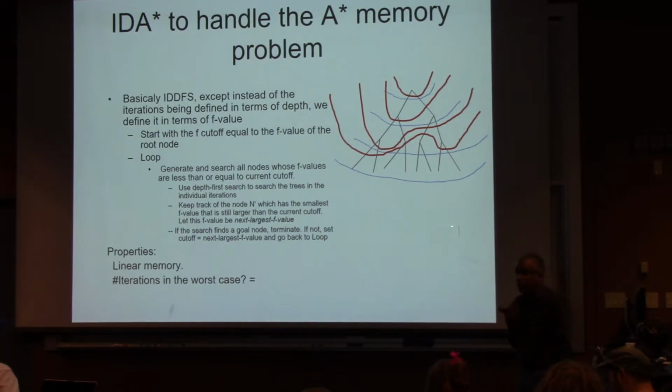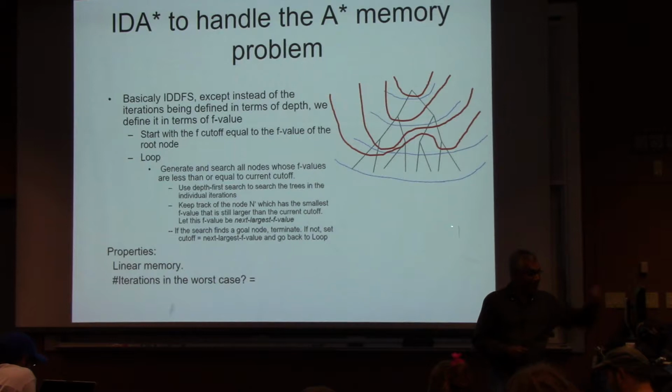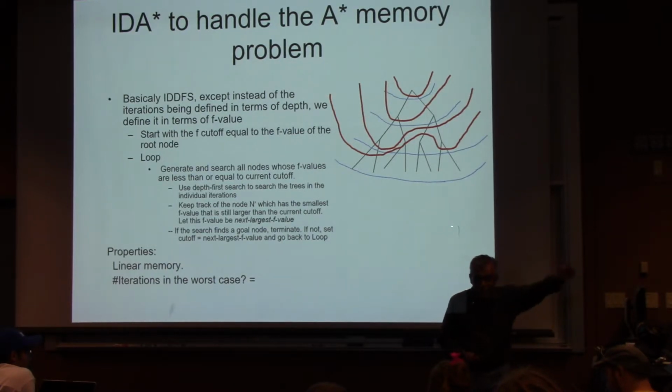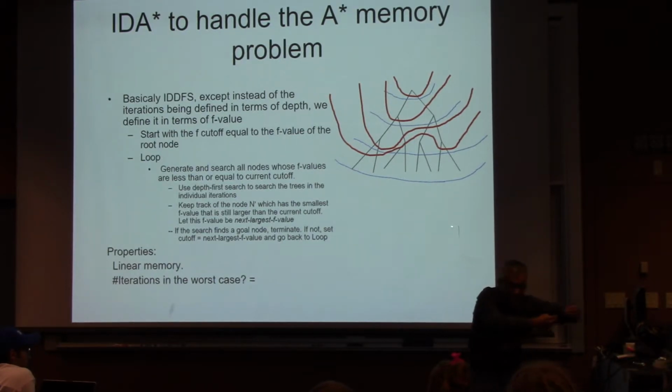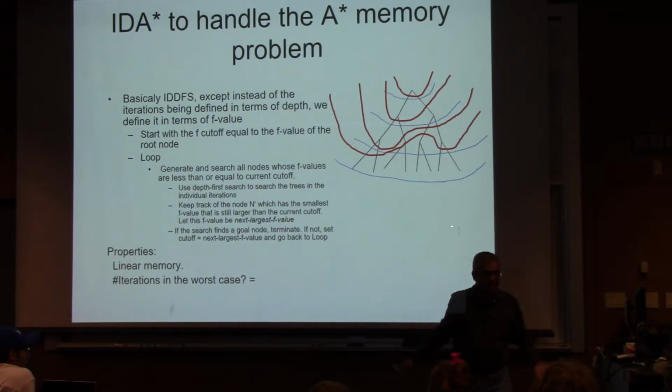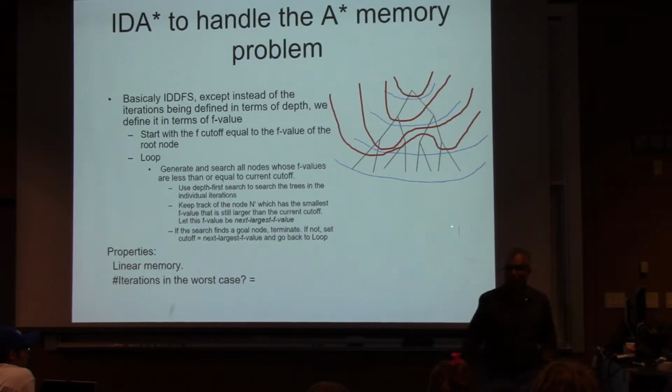So what's your hope? Your hope is that when you let in the closest node that couldn't make it in the last iteration, it comes along with a whole bunch of friends, all of which have the same exact F value. Otherwise, you would not get them in.